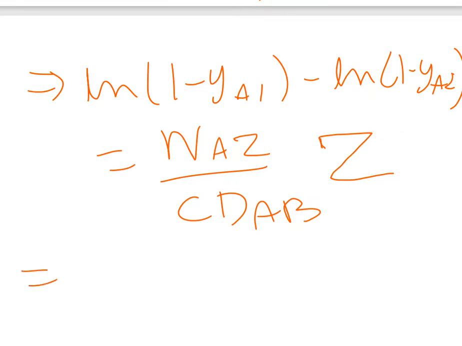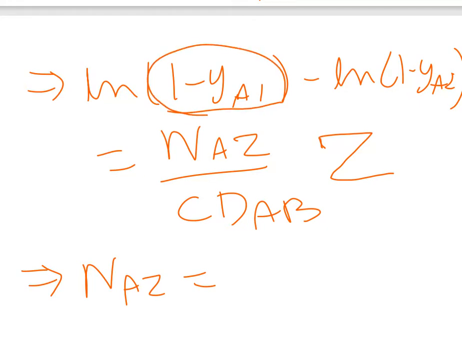So now the flux NAZ is, 1 minus YA1 is basically YB1.